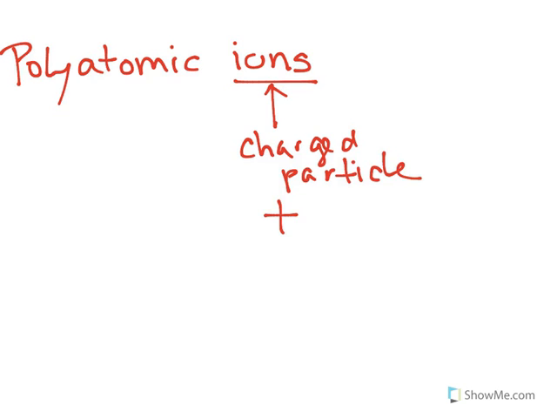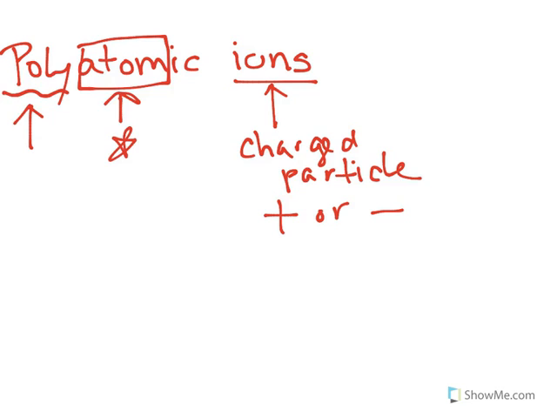We know that it can be either positive or negative. Positives are called cations, negatives are called anions. And if we're looking really carefully, we see the word atom, and then this word right here, poly. The word poly means many. So a polyatomic ion is a charged particle made of many atoms.